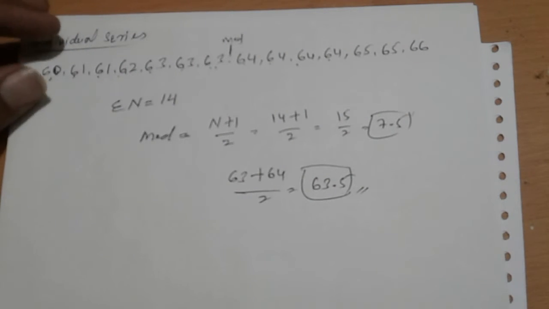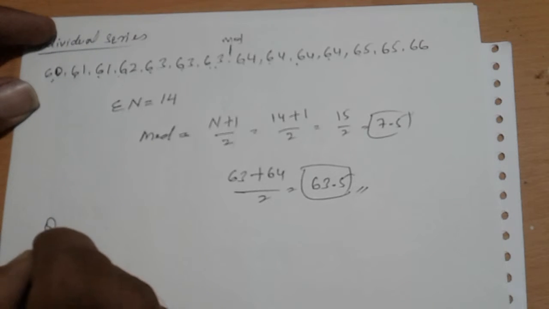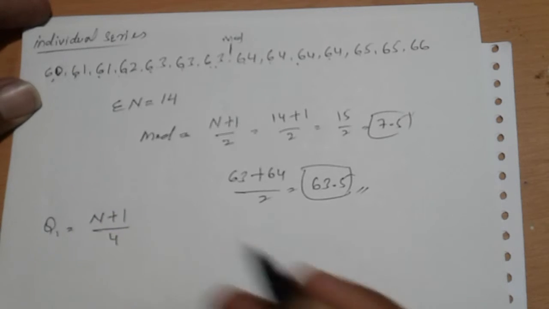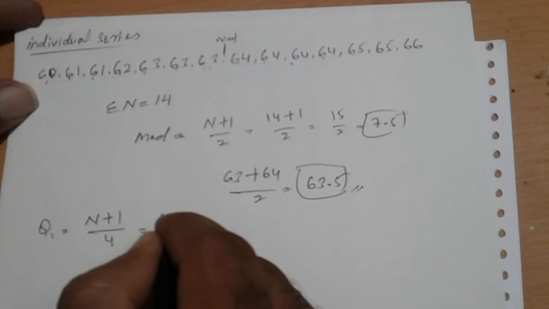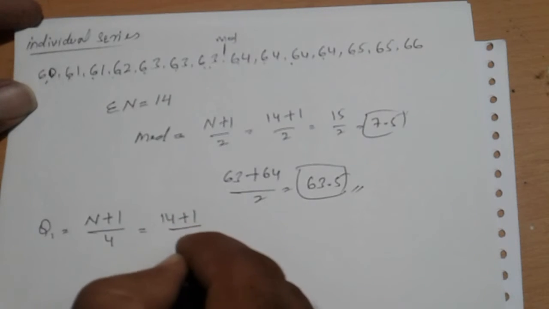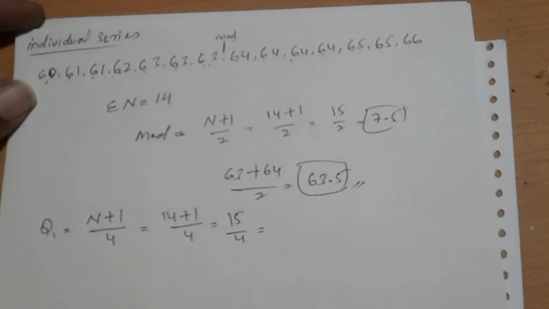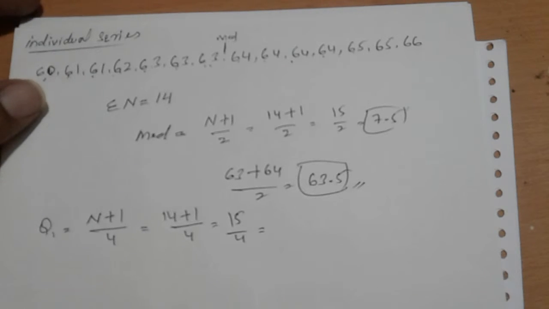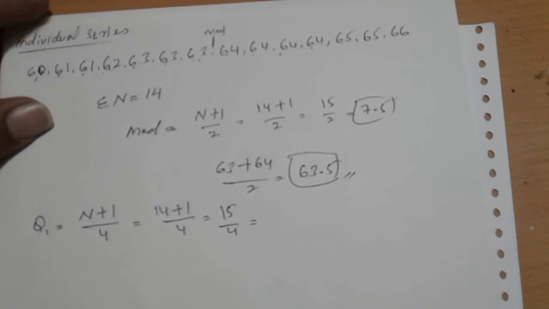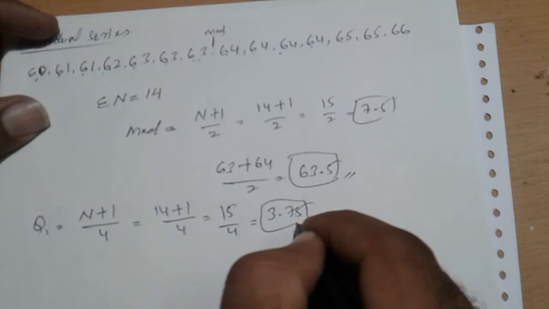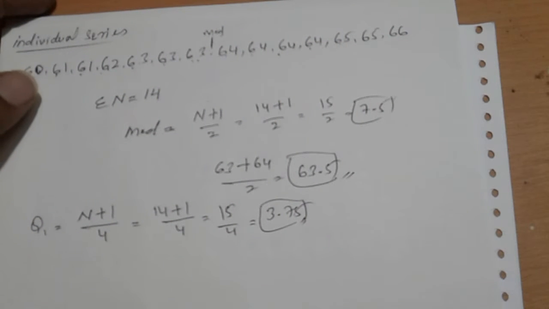Now let's see the quartile also. Q1 is (n plus 1) divided by 4, quarter is always 4. N is 14, so 14 plus 1 divided by 4, 15 divided by 4, is 3.75.